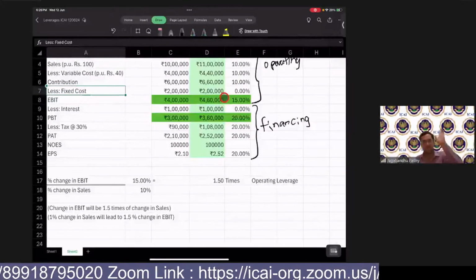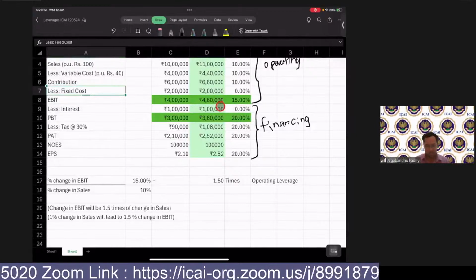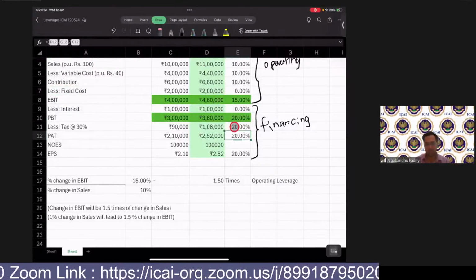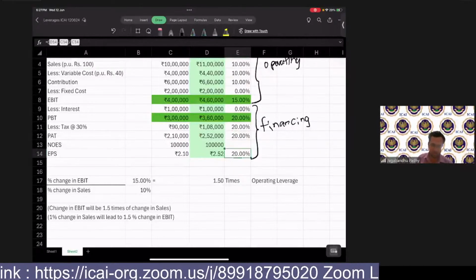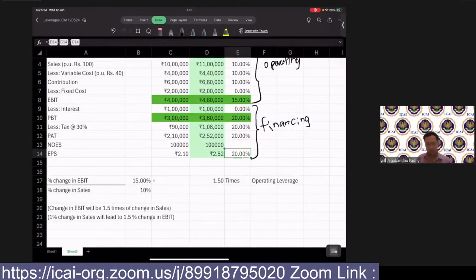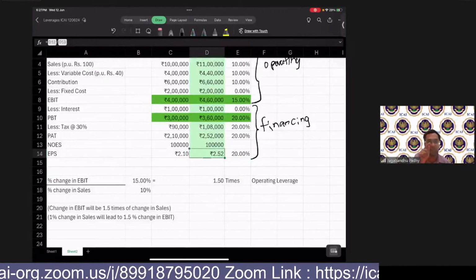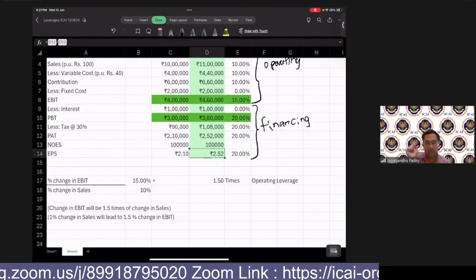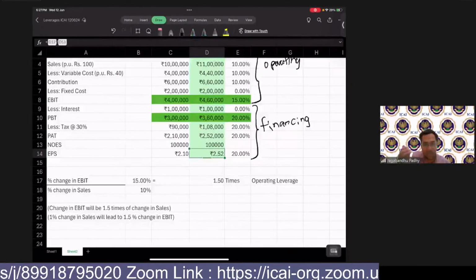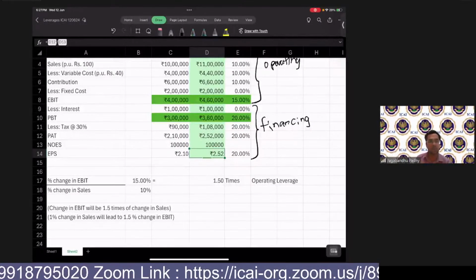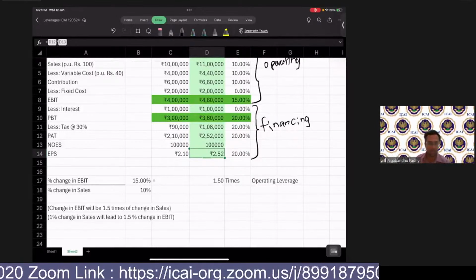So EBIT was changing by 15%, PBT is changing by 20%. The same percentage you will observe for tax, for PAT, and for the final earnings per share. Now, if I ask you how sensitive my earnings are to the EBIT, I want to know how many times of change in EBIT will be the result in the earnings per share, or how elastic my EPS is to the change in EBIT.